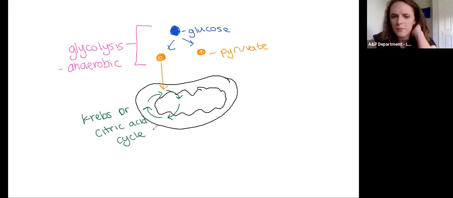Okay, so this pyruvate goes through like 20 something different chemical changes. You don't need to know those. You just need to know that it goes through a cycle where CO2 is released. So out of this Krebs cycle, you're going to have CO2 released.